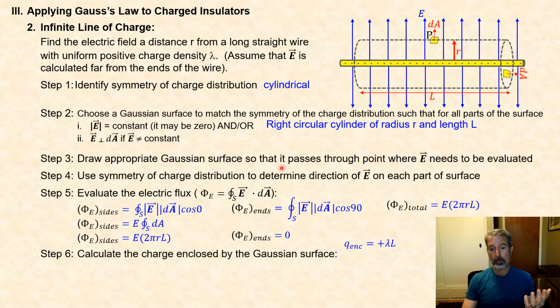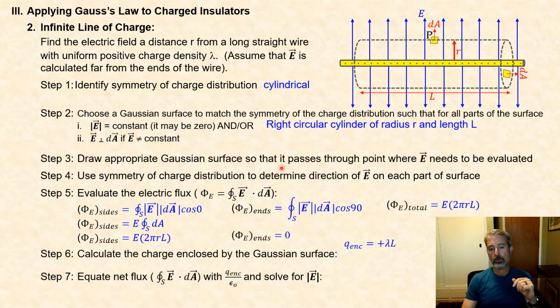So the charge enclosed is simply the charge density times the length of the Gaussian cylinder. That's how much charge is going to be enclosed by the Gaussian surface. So multiplying the charge density lambda times the length L gives you a measure of the charge enclosed.